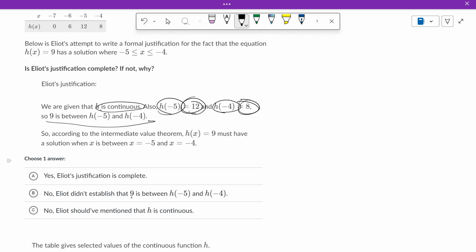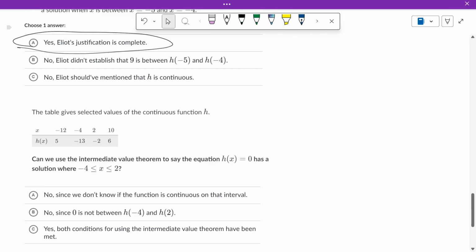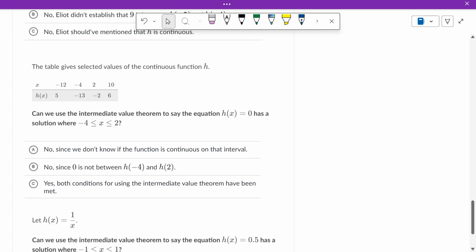He established that 9 was in between the h of 5 and h of 4. So, yes, his justification is complete. So you'll maybe hit a couple of those where you have to make sure their justification is complete, or if they're missing something.